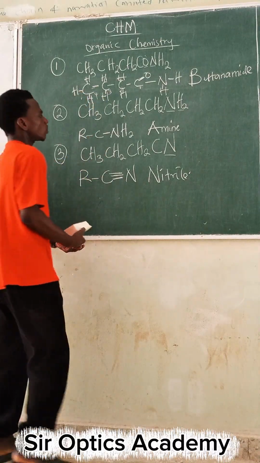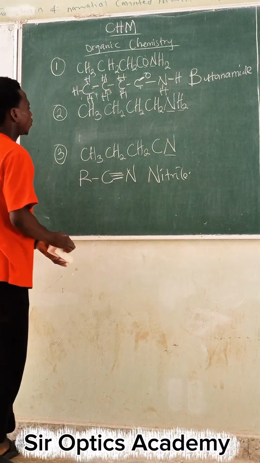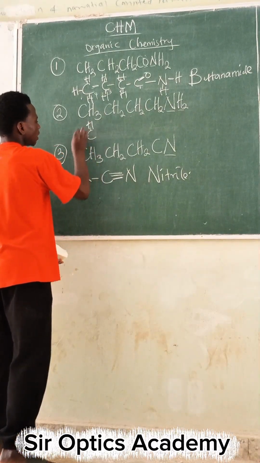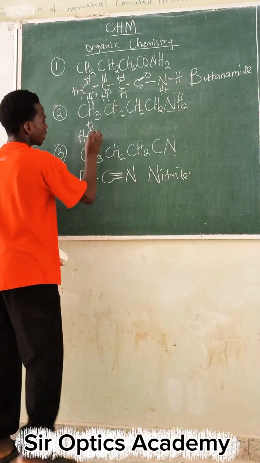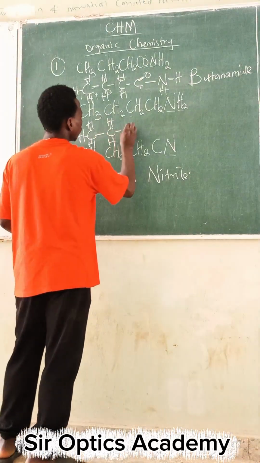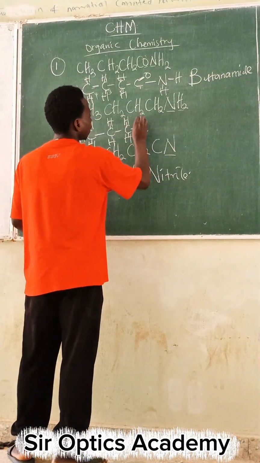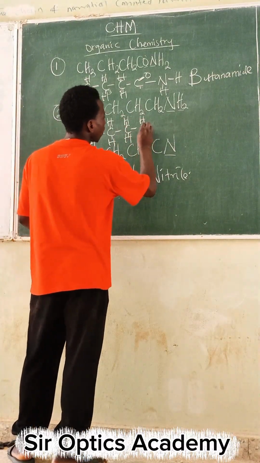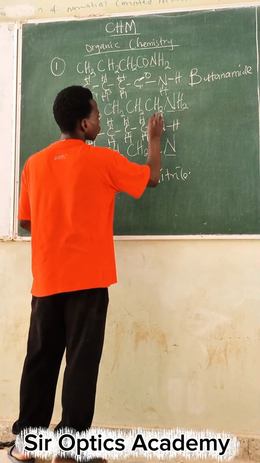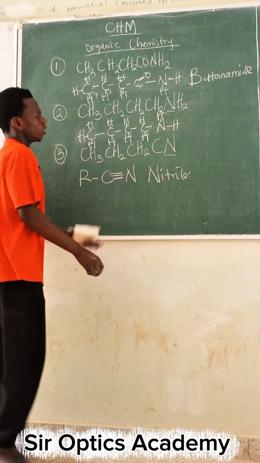Now for this, when we split it, we'll have a carbon that is bonded to three hydrogen atoms and bonding to another carbon, and then lastly, we have the carbon bonding to a nitrogen that is bonding to two hydrogen atoms. So the same goes for the amine.